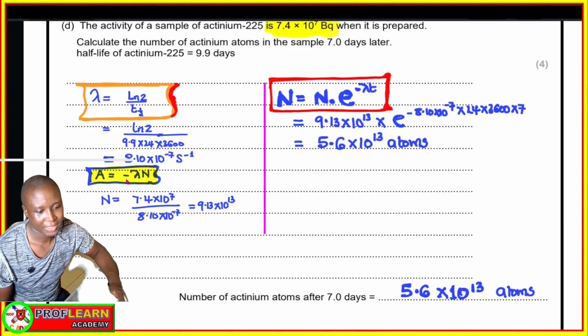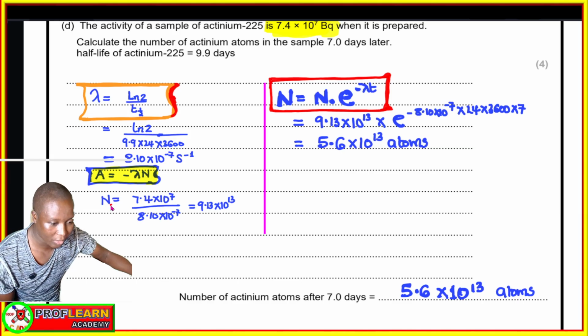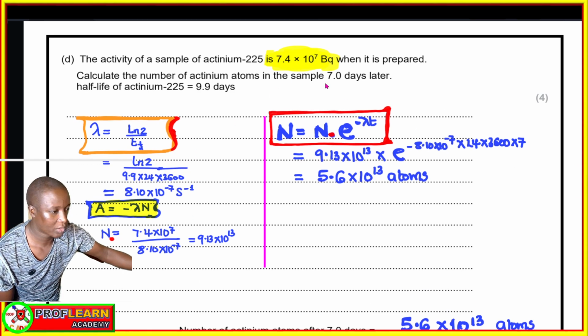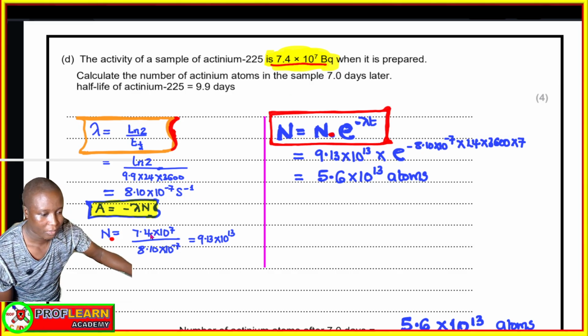So to get the original number of nuclei, we take the activity, which was given, divided by the decay constant that we had gotten. If you work it out, the number of atoms originally present will be 9.13 times 10 to the power 13.